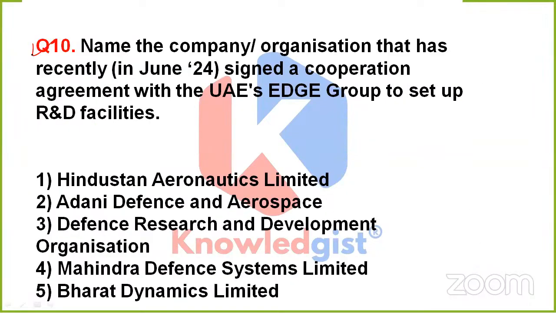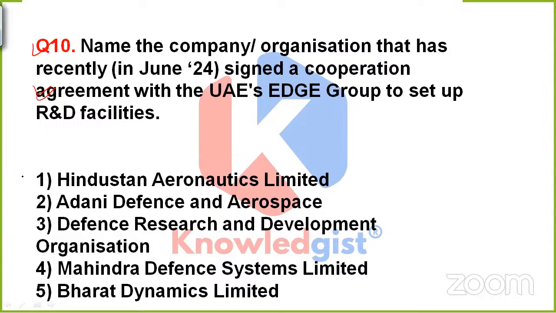Next question is asking, yes, Niladri, you were absolutely correct. The correct option for the previous one was ADB. So, name the company or the organization that has recently signed a cooperation agreement with UAE's Edge Group to set up R&D facilities. The question is asking the name of that company or organization. What has it done? It has signed a cooperation agreement with United Arab Emirates Edge Group to set up R&D facilities.